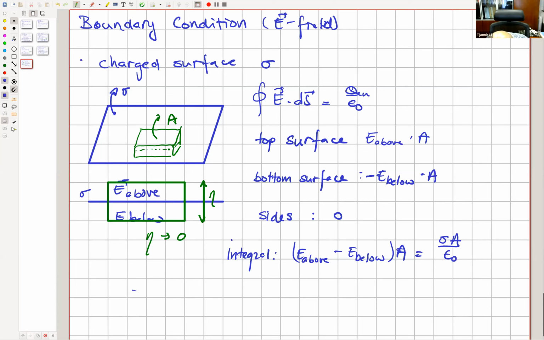So the first boundary condition that I want to state is indeed that E perpendicular above minus E perpendicular below equals sigma over epsilon naught.